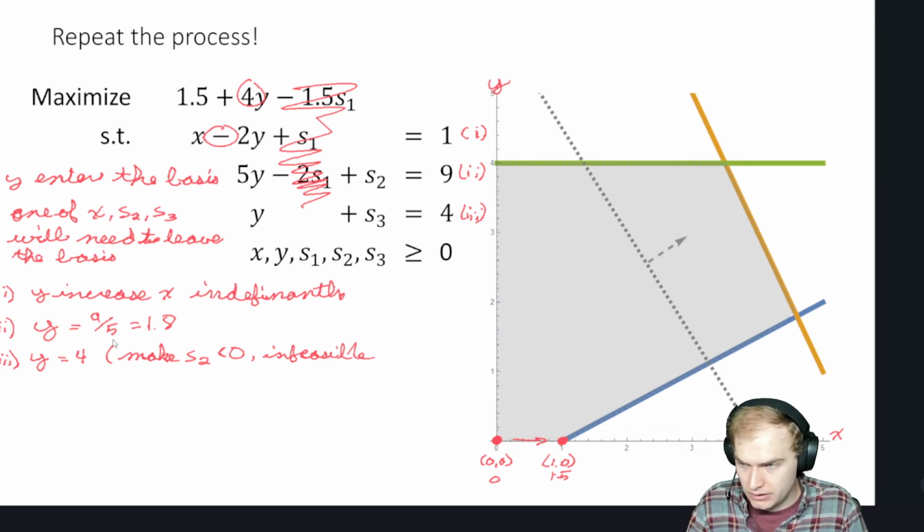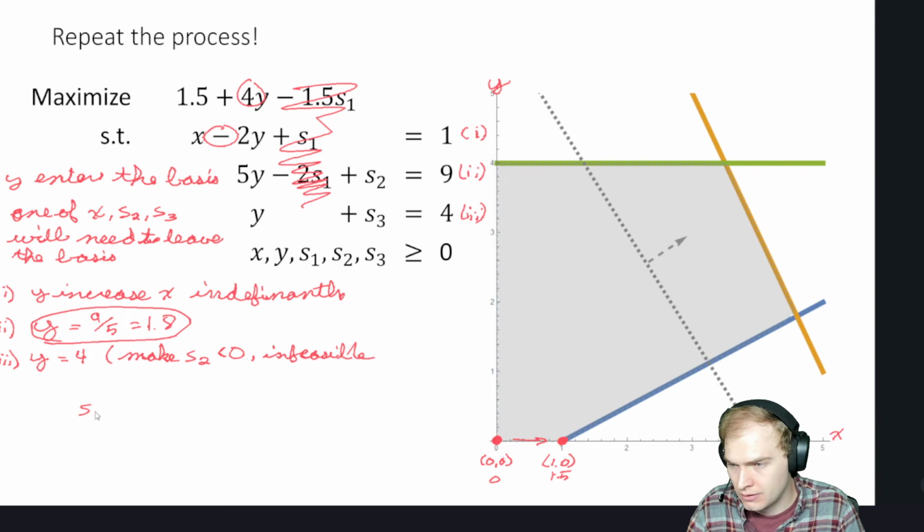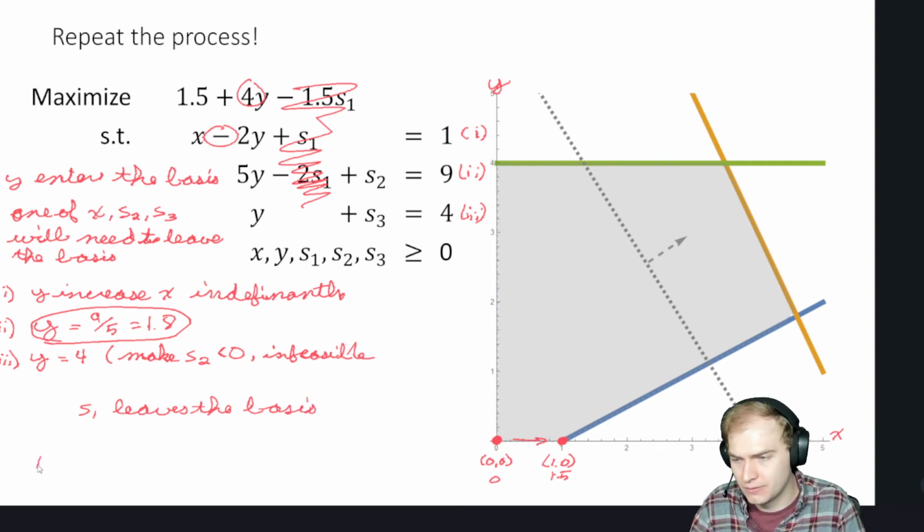So we're going to go with this, which means that S2 leaves the basis. So our new basis is X, Y, and S3.